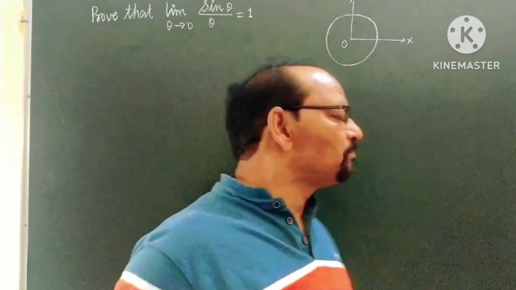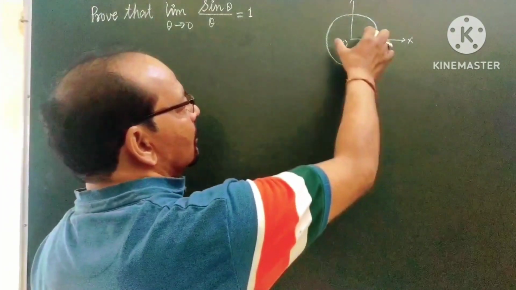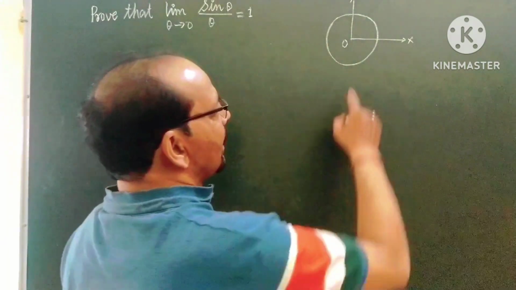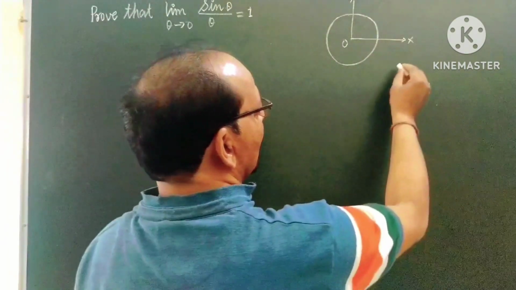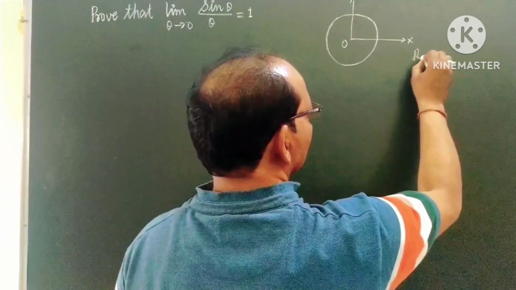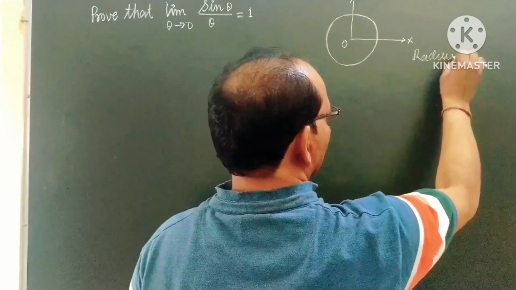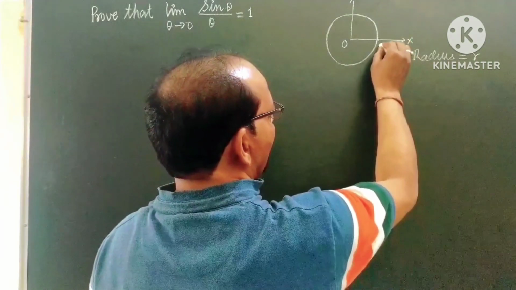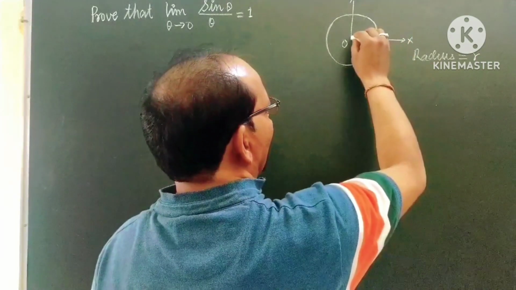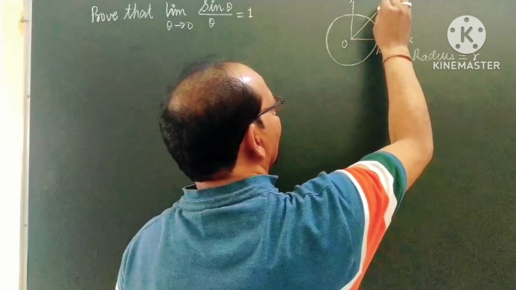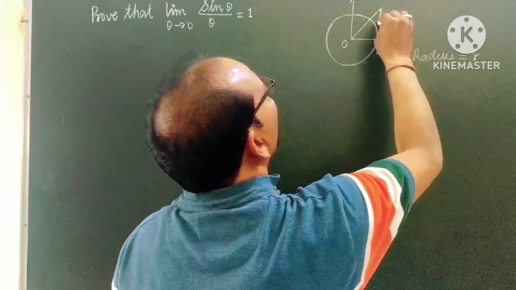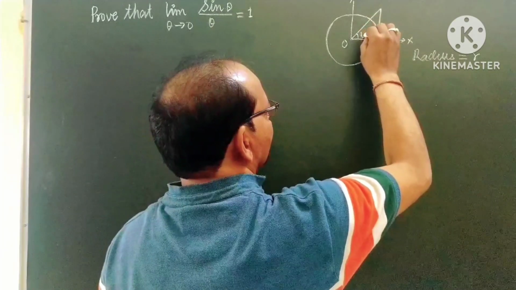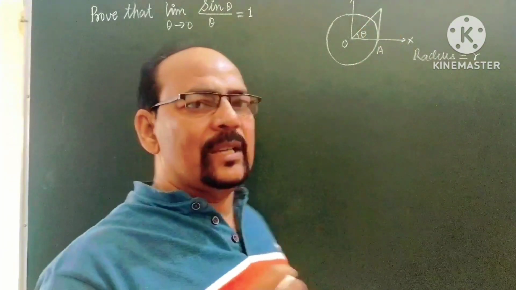Let's start it. First we take a standard circle with radius r, radius equal to r. That point is A, and we take this angle theta, and theta is measured in radian.